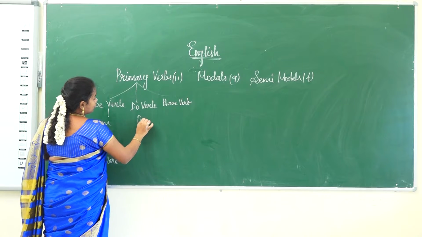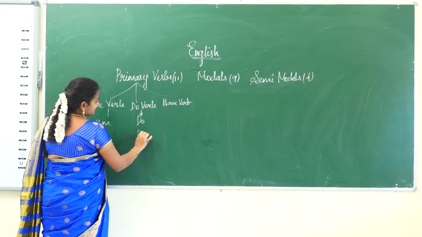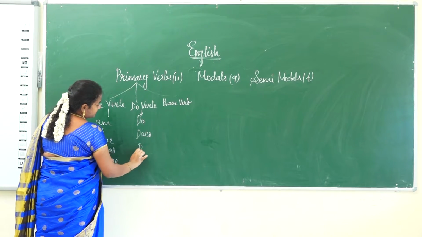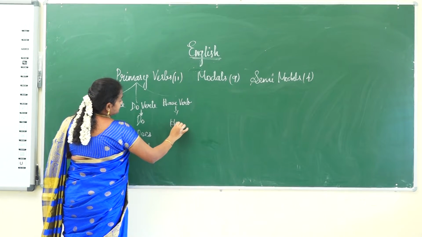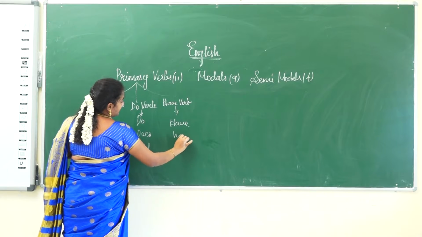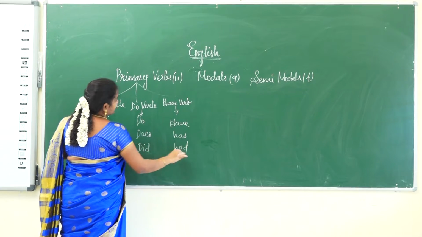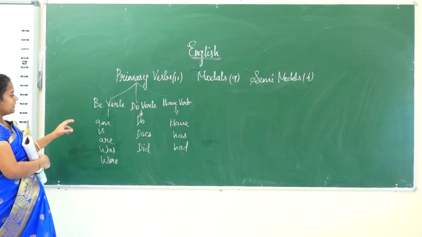Do verbs: do, does, did. Have verbs: have, has, had. They are 11 in number.